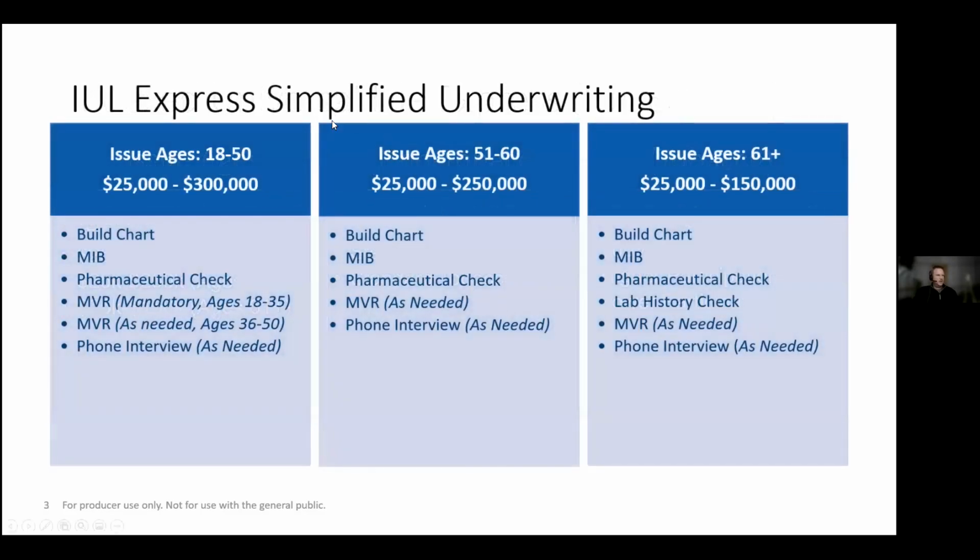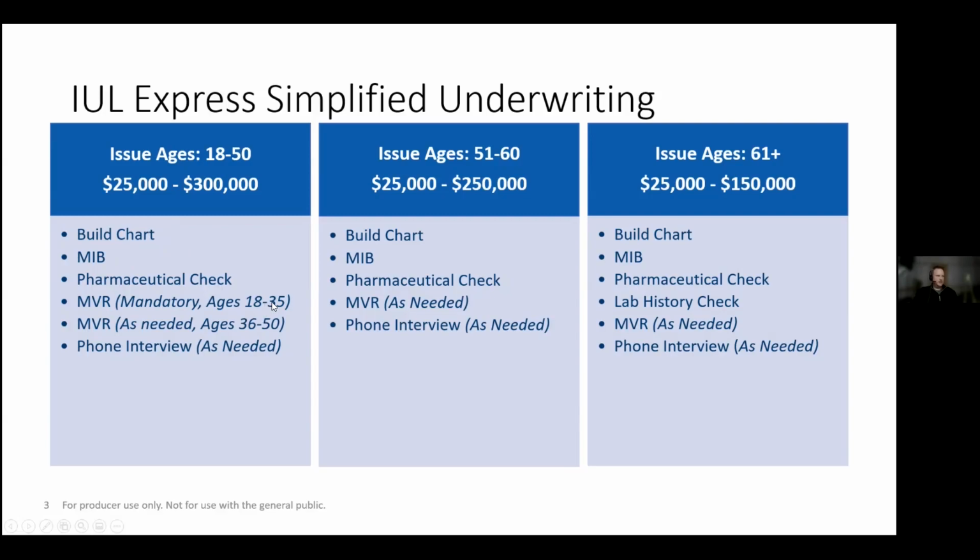So underwriting requirements on the IUL Express, we are going to be the same as the Term Life Express. We use the same application, and on this one we do have a bill chart, an MIB, and a farm check that we run, and then MVR is mandatory from 18 to 35.